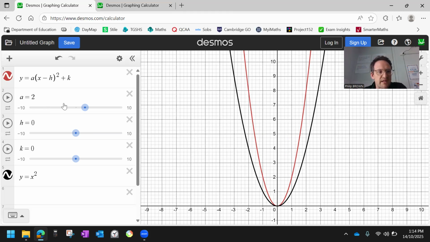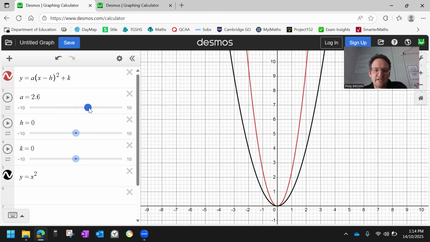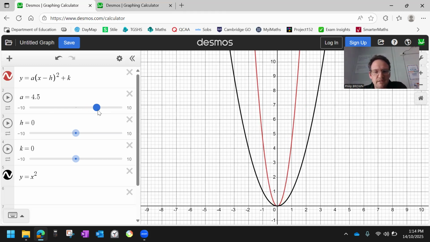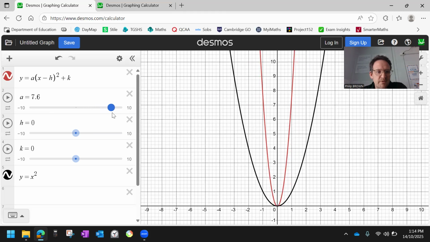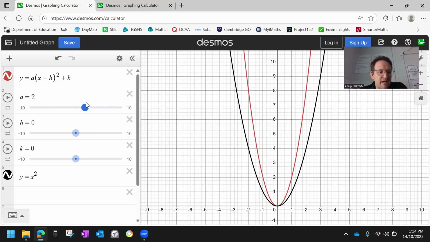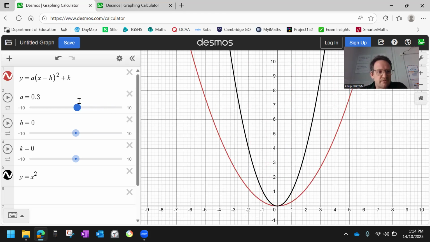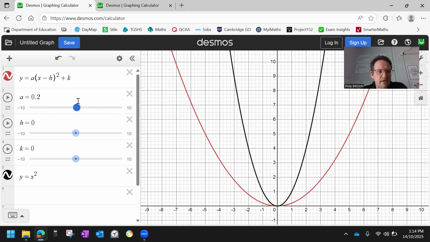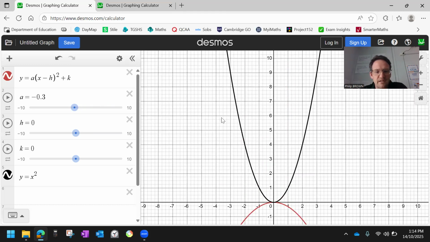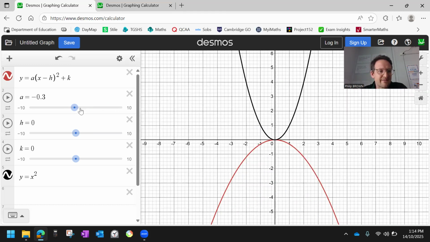So whatever this value of A is, it's a vertical dilation of that scale factor away from the x-axis. And as you can see, as A gets bigger, the gradient of the function gets steeper. And as A is between 1 and 0, it starts to become shallower than the actual function, not quite as steep. Okay, and as A becomes negative, what it's now doing is reflecting it in the x-axis.